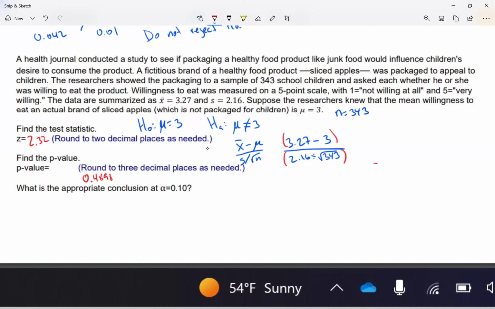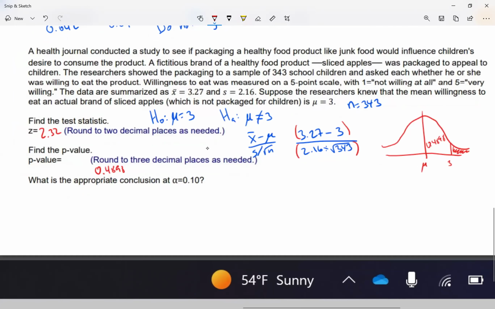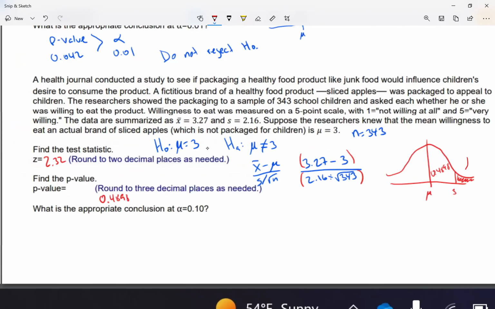But remember, here's my mu, here's 3. 0.4898 is this space, but I'm actually interested in the shaded part. That's my p-value. So let me go 0.5 minus 0.4898.